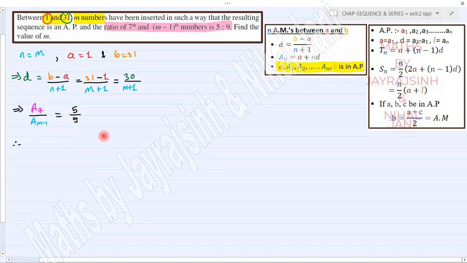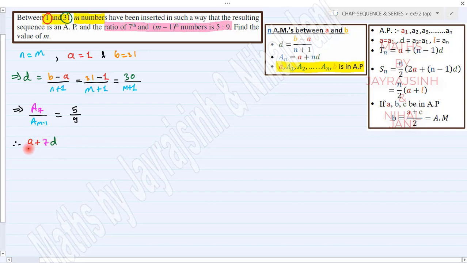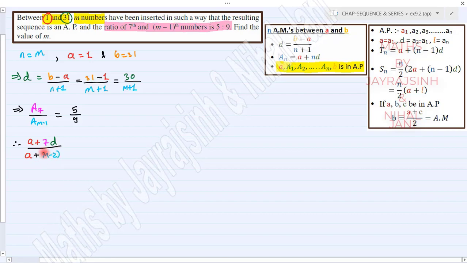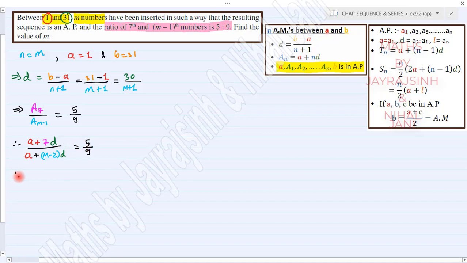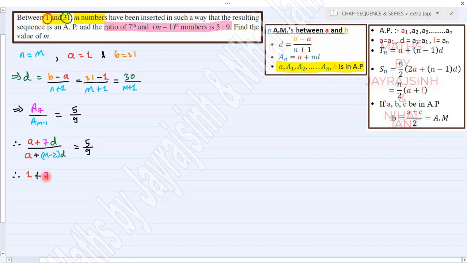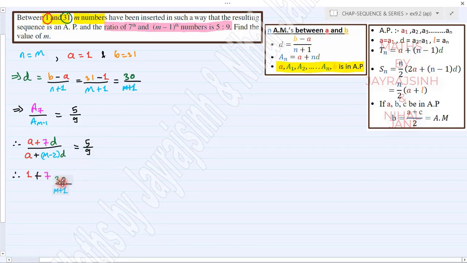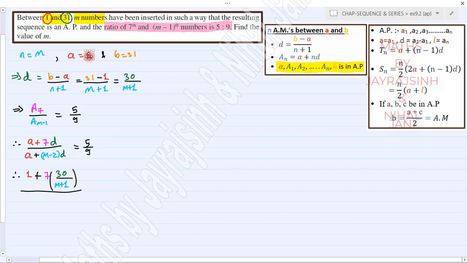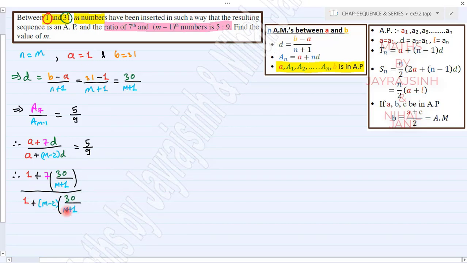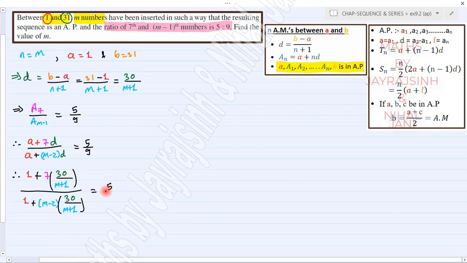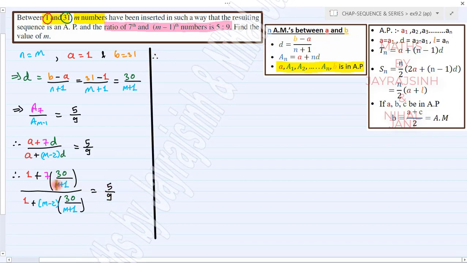So let's use the formula of a_n. (a plus 7d) upon (a plus (m minus 2)d) is equal to 5 by 9, where a is 1 and d is 30 upon m plus 1. Similarly, we can form the denominator. Now, in the numerator, take the LCM of m plus 1.